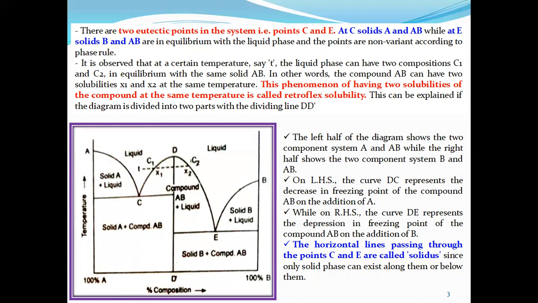So DC indicates the decrease in freezing point of solid AB on addition of solid A to it. While on the RHS, the curve DE represents the depression in freezing point of the compound AB on the addition of the second solid B. The horizontal lines passing through the points C and E are called solidus lines, since only solid phases can exist along these lines.